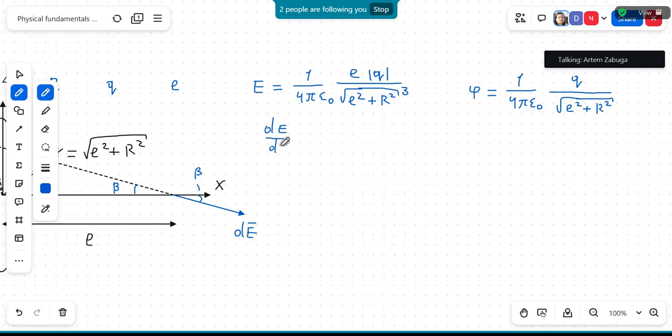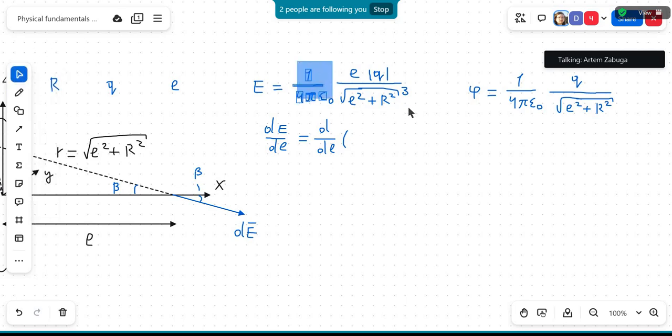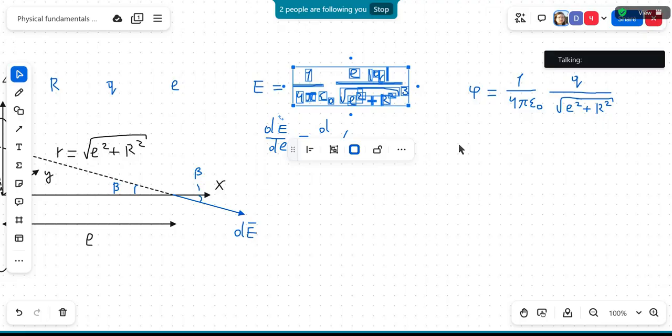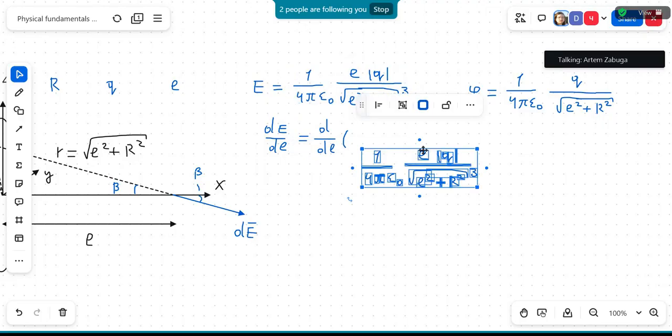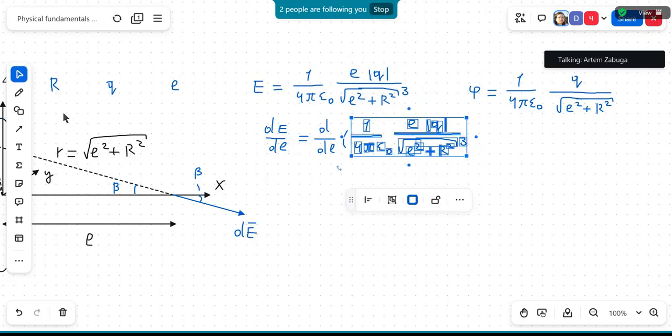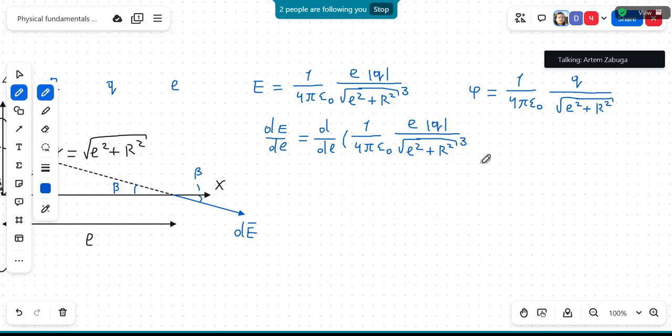dE by dL, or the derivative of E with respect to L, will be equal to dE by dL of this expression in brackets.